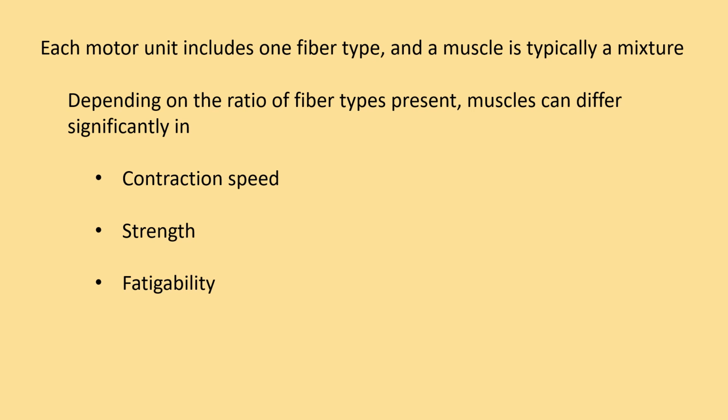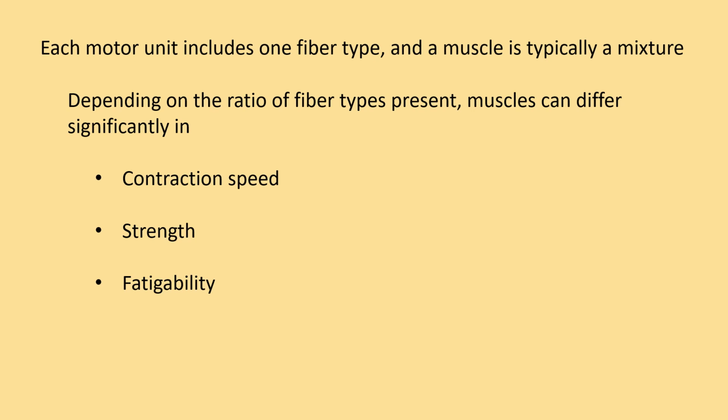So in a muscle, like your biceps brachii, we're going to find many different motor units. For any motor unit, all the muscle cells in that motor unit are all the same fiber type. They're all FGs, they're all FOGs, or they're all SO fiber types.